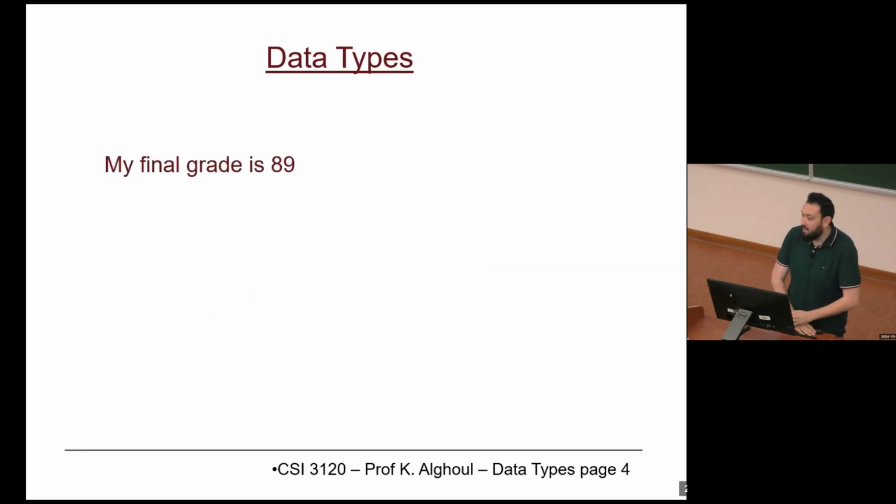If I have this as my input to my program, what's happening on a low level? From a low level perspective, what should the program be able to differentiate between?